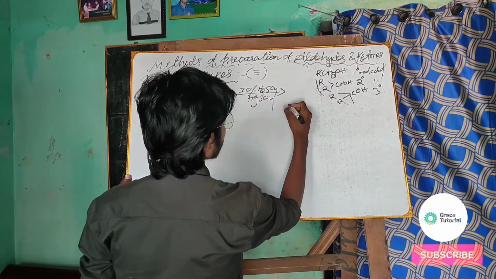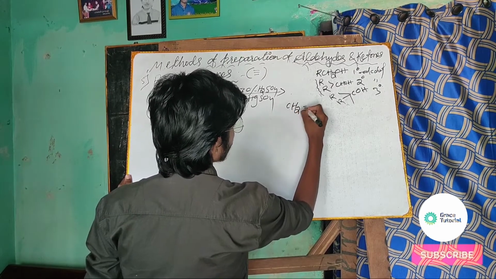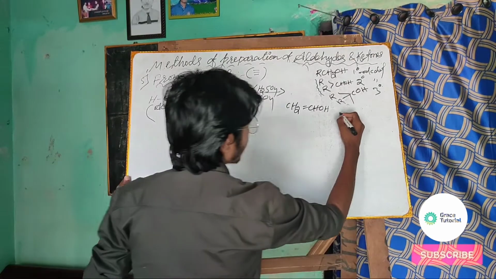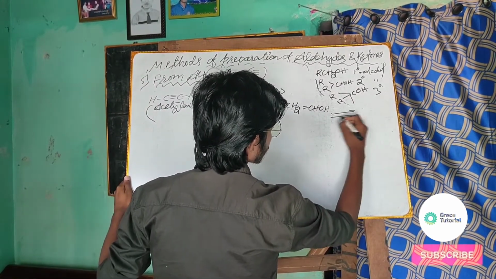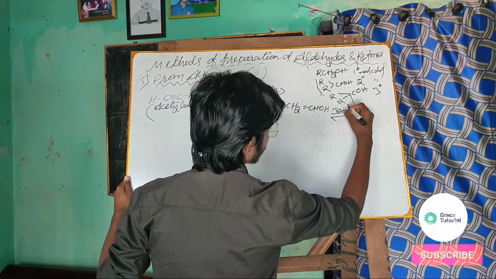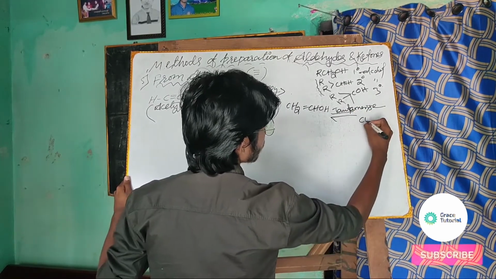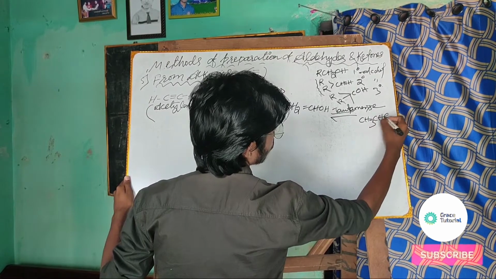Here, first of all, you see the CH2=CHOH alcohol is formed. Here alcohol is obtained, and on tautomerization it gives acetaldehyde, CH3CHO.